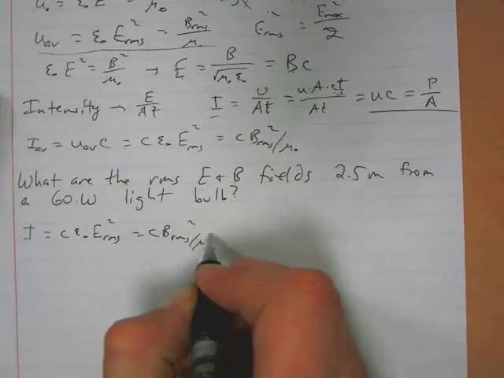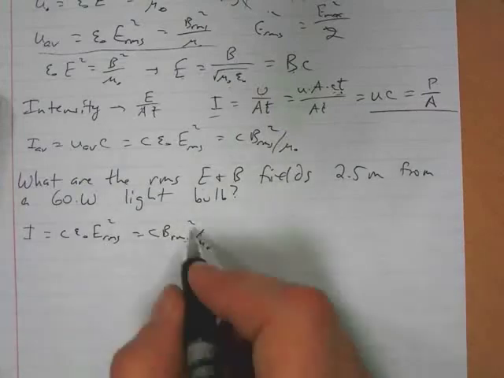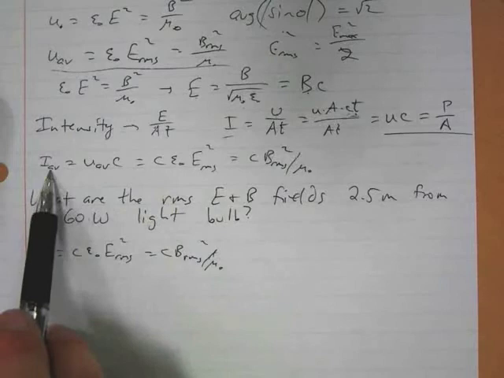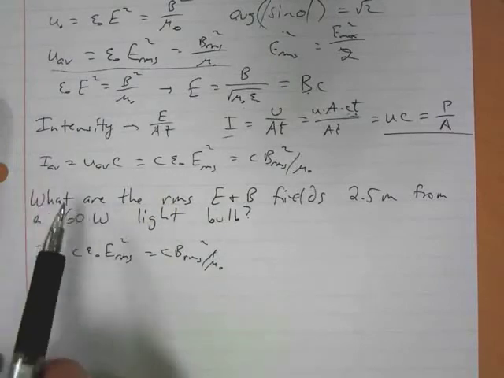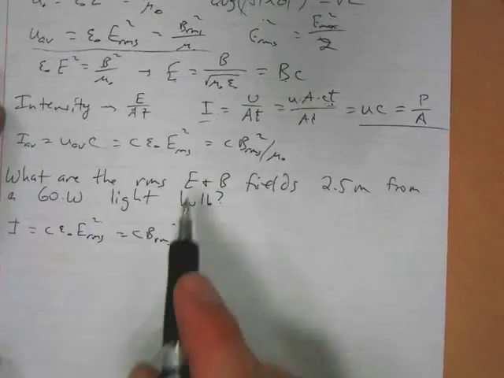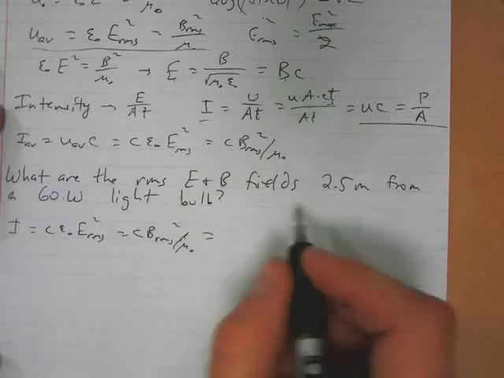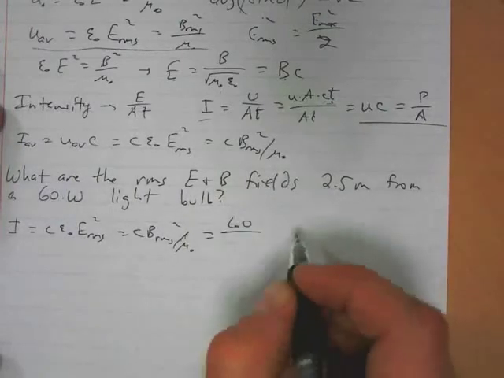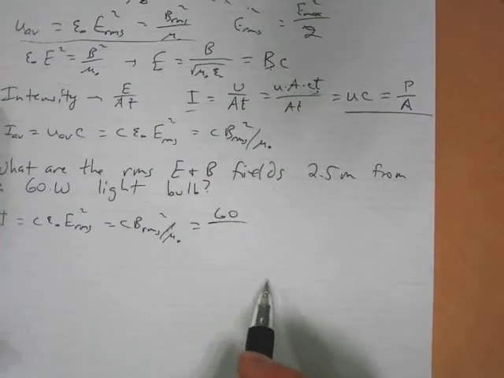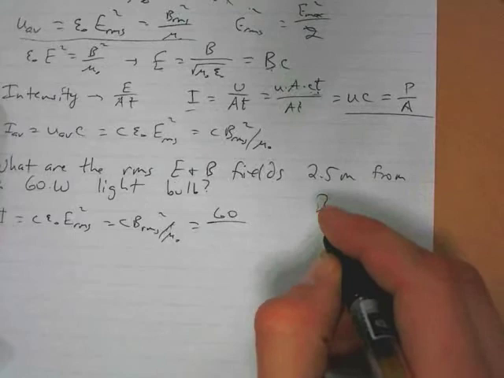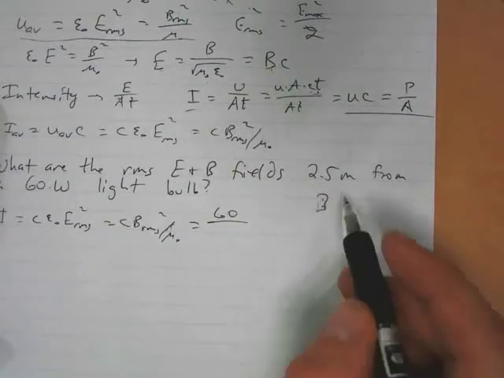Okay. In this case, the average intensity is equal to the regular intensity, just because the power output of the bulb is constant. And that's equal to the power of the bulb over the area. And now the area might seem a little problematic, but let's just stop and think about it for a second. If we've got a light bulb, then it's radiating out light in all directions.